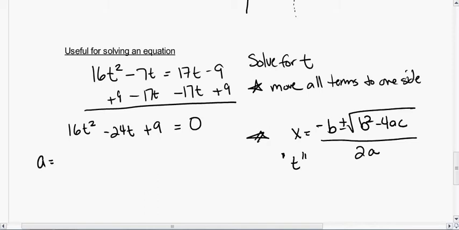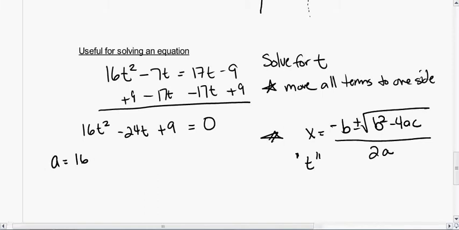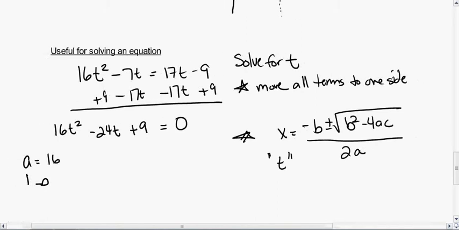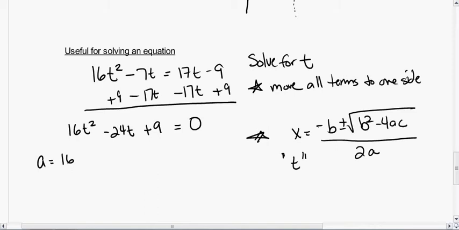A is the coefficient of the squared term, so a is 16. B is the coefficient of the linear term, so it's negative 24. And c is the coefficient of the constant term, which means it's just a positive 9.